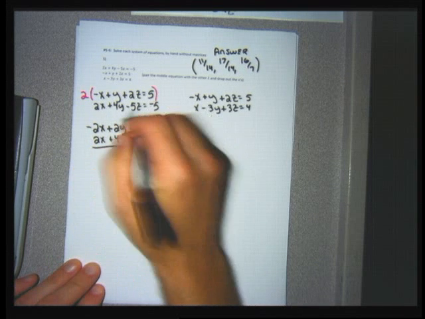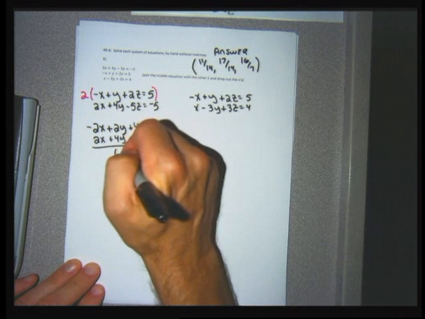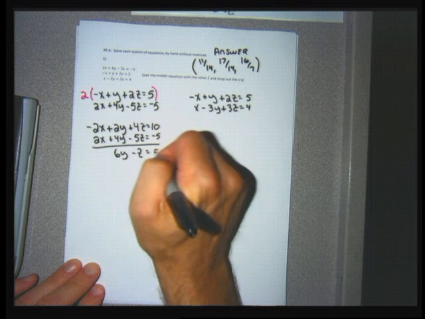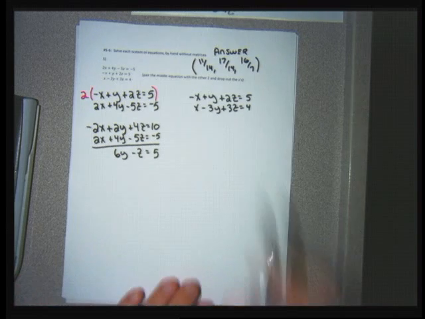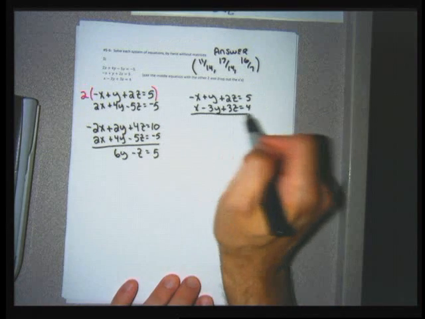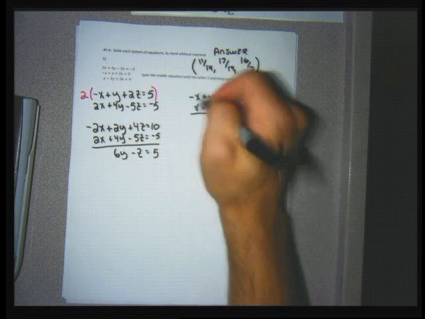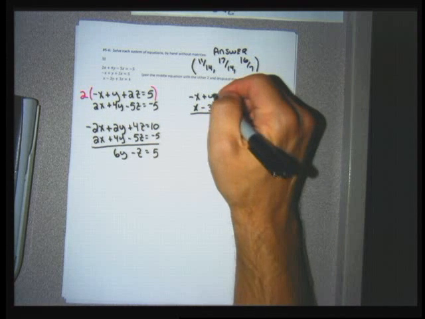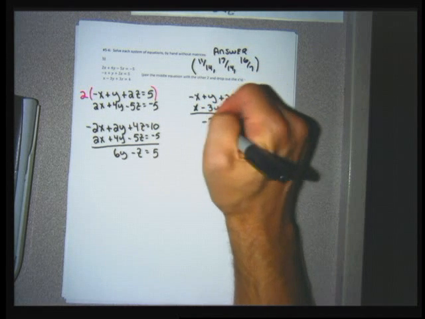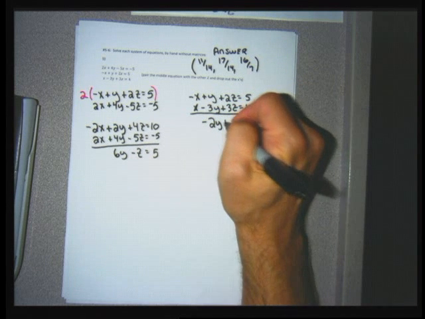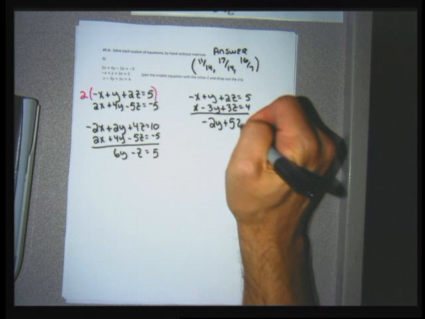Add these together, I get 6y minus z equals 5. The other pair that I have, to drop out the x's, I can just add them together. They're already set up to drop out the x's. So when I add these together, y plus minus 3y is minus 2y. 2z plus 3z is plus 5z. And 5 plus 4 is 9.